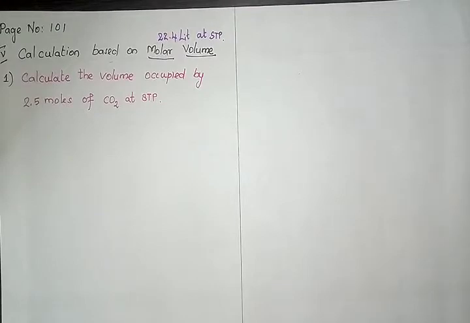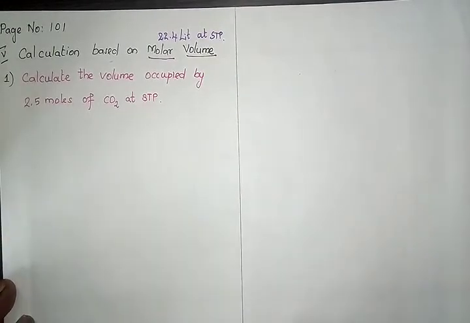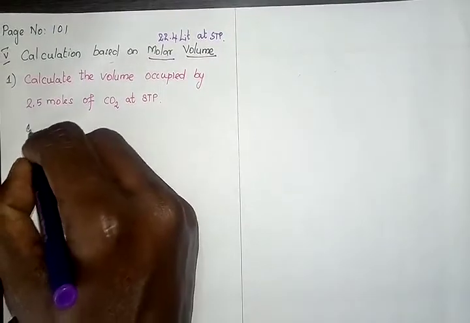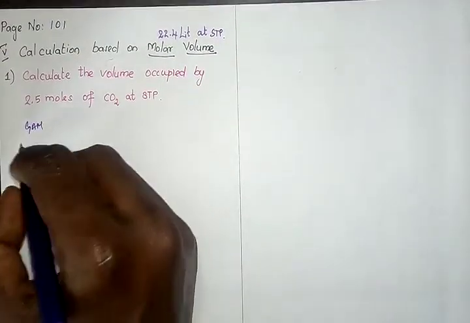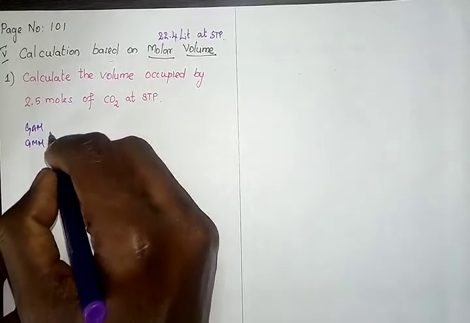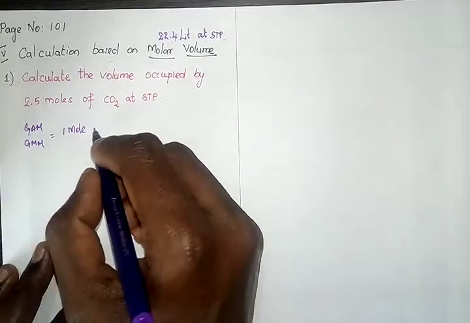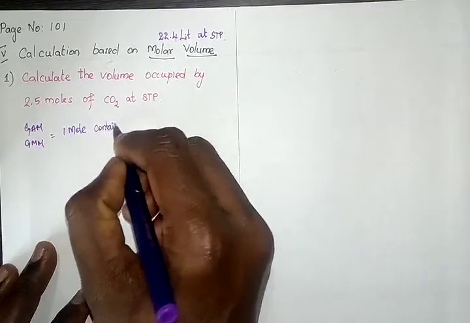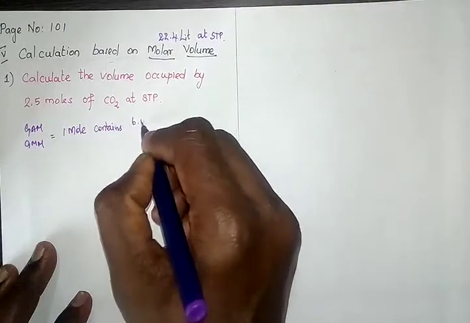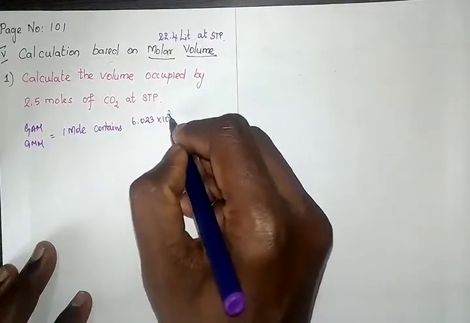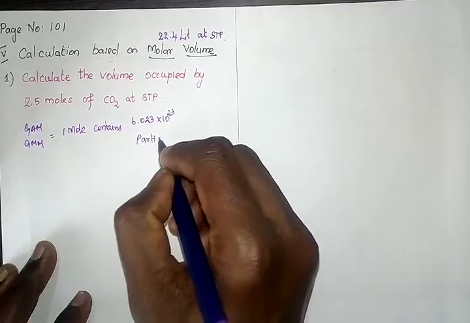This sum we can find on page number 101. So let us solve this sum. Now what do you mean by 2.5 moles? So we know the concept: gram atomic mass or gram molecular mass equal to 1 mole, which contains 6.023 into 10 to the power of 23 particles.